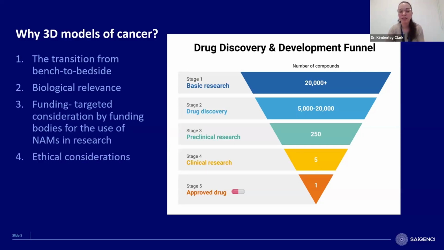And of course, that also leads into many ethical considerations. You can replicate things a lot more efficiently in 3D models. And if they're biologically relevant, it raises the question of why a lot of this is being done in animal models. And also cost. You can replicate things and work a lot more efficiently in a number of these different 3D settings.